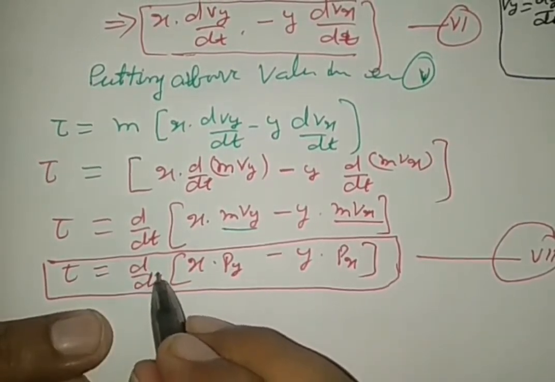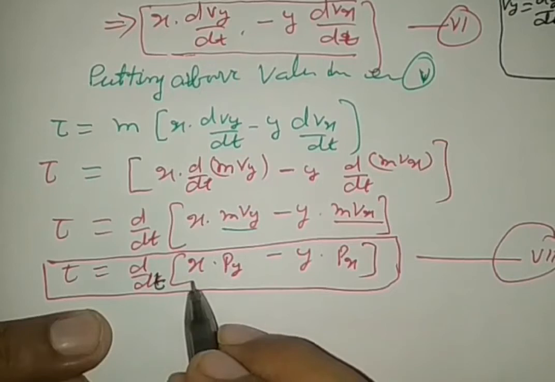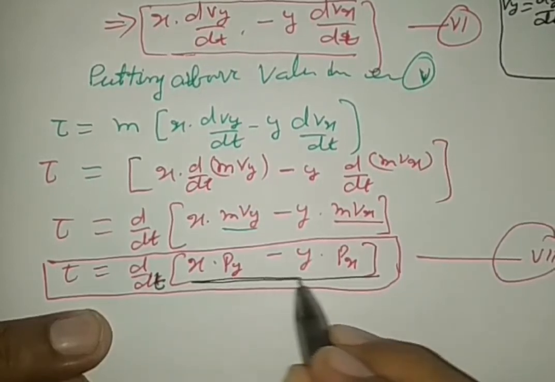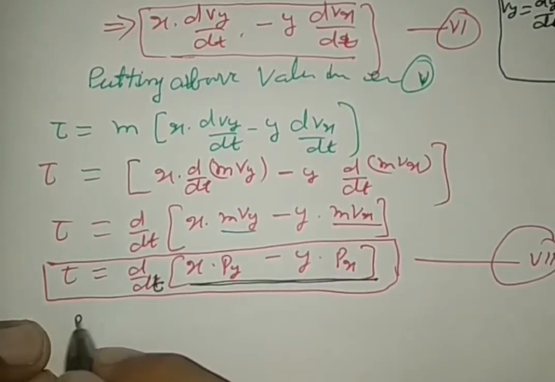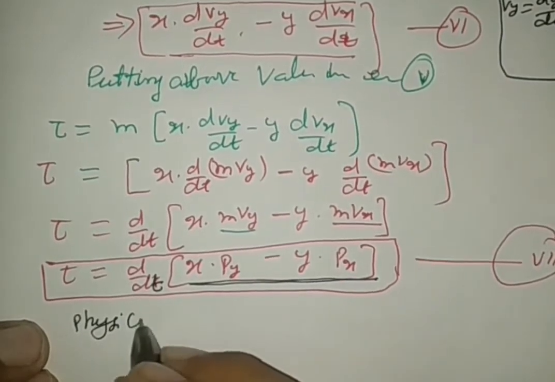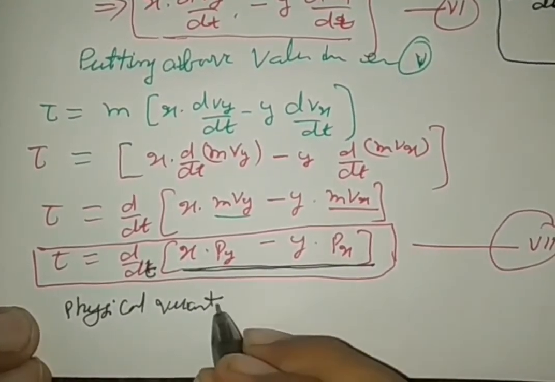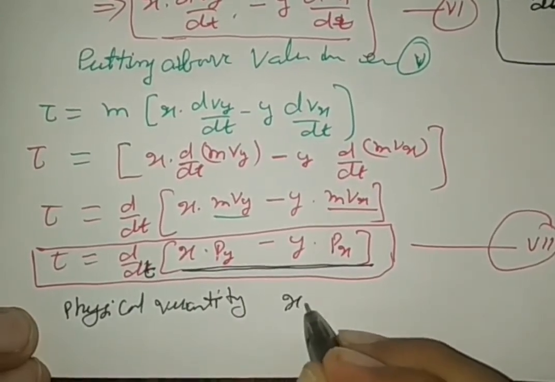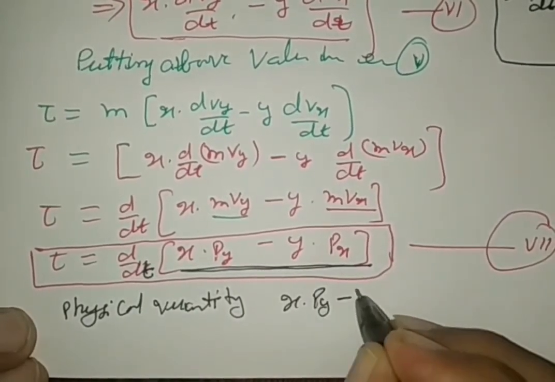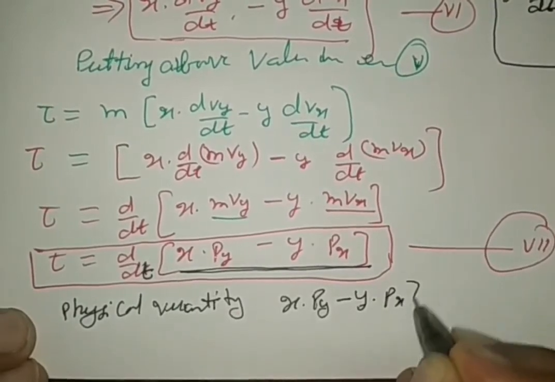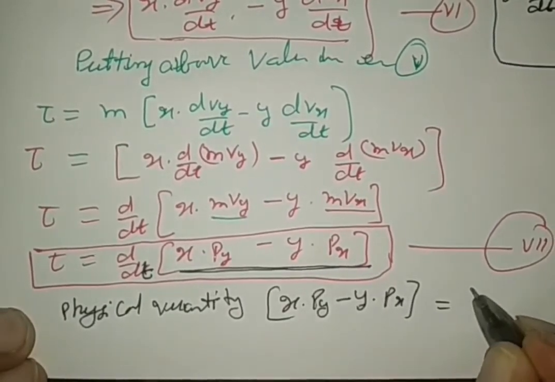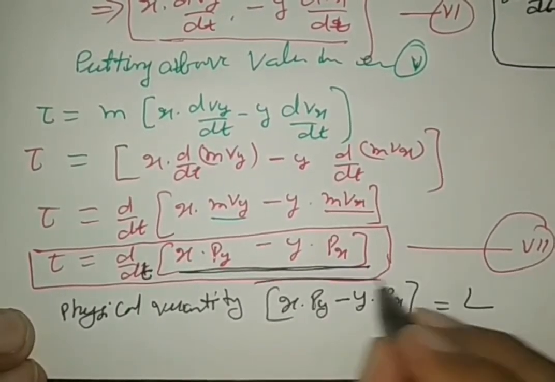This is the rate of change, d by dt, of a quantity. This physical quantity, what is this physical quantity? x dot py minus y dot px is called angular momentum.